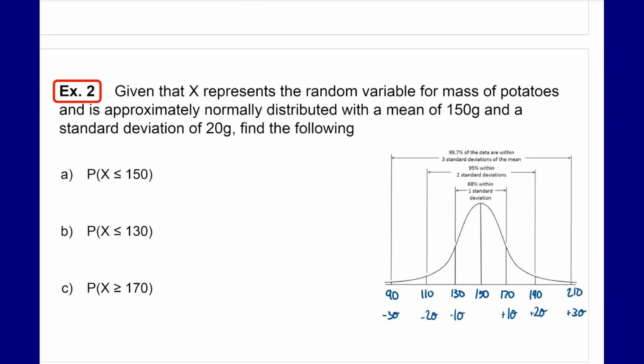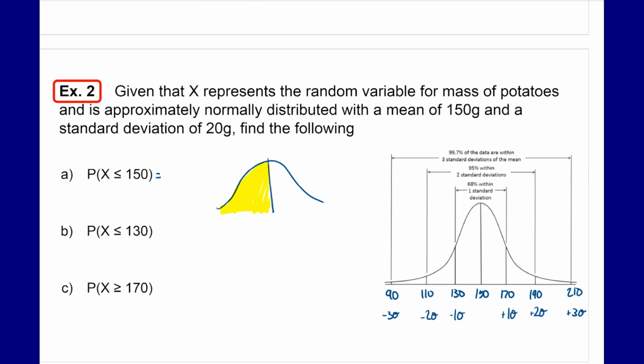So I want to find the probability that a potato is less than 150. So again, it might help. Right? If I have my normal distribution, I have my mean, I want less than 150. I want everything on this side. Well, the mean is the middle, 150 is the middle.